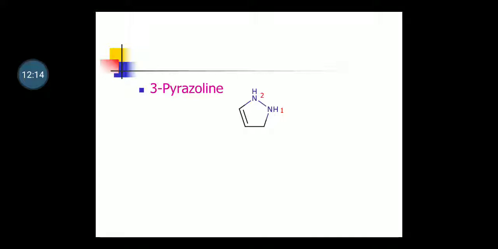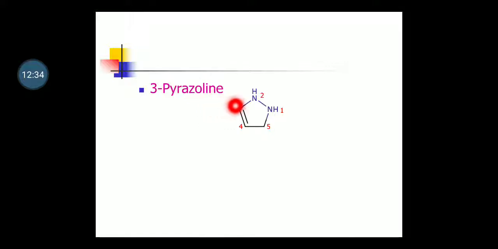It becomes pyrazoline. And obviously, if the double bond lies between the 3 and 4 positions, it becomes 3-pyrazoline, because we also have to specify the position of the double bond. So it is clear that it is derived from pyrazole, and the change is that instead of 2 double bonds there is only one double bond.